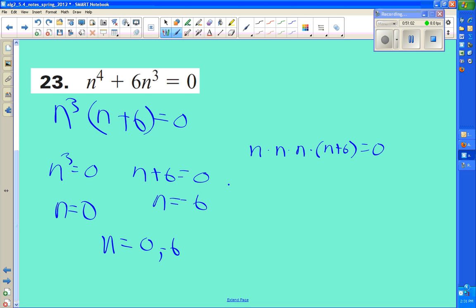So we have 0 as a root, or a solution, excuse me. 0 is a solution, and negative 6 is a solution. We're going to call this a triple solution. You don't need to worry about it now, but however many times the factor appears, that's what kind of solution it is. Negative 6 is a single. 0 is a triple. That's going to be super critical for us later.